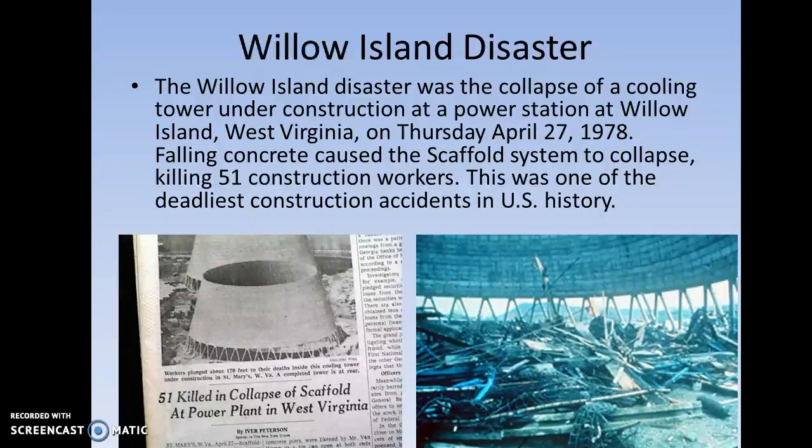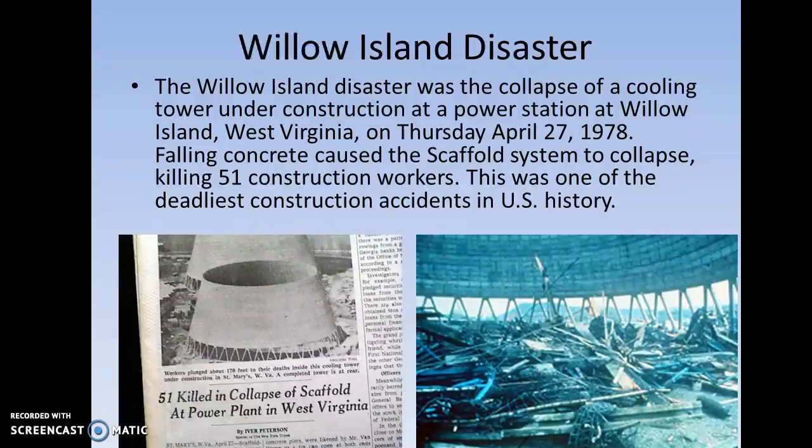I picked this particular disaster because, like it says, it is one of the deadliest construction accidents in U.S. history, and it just so happens to be about scaffolding as well.